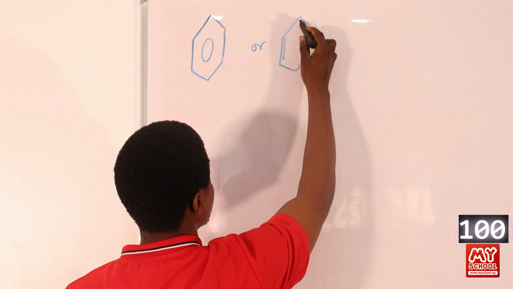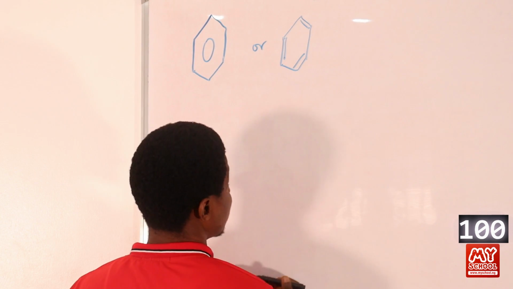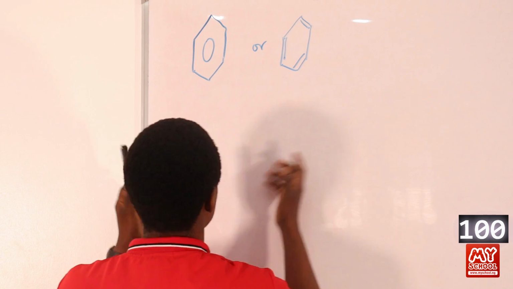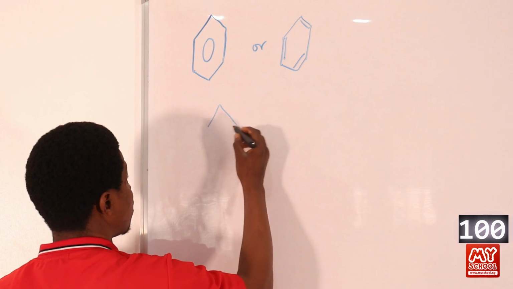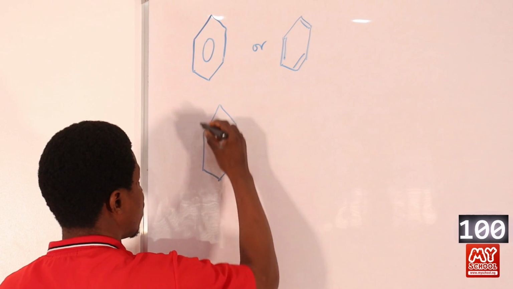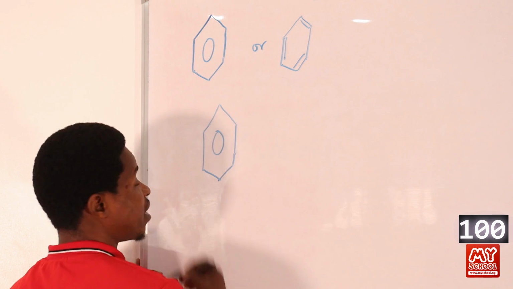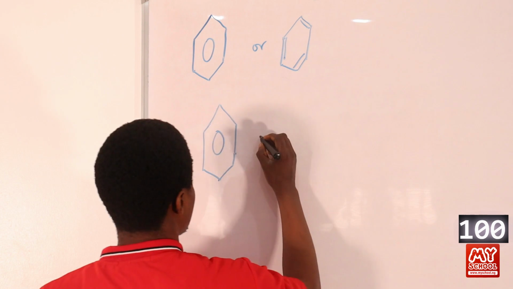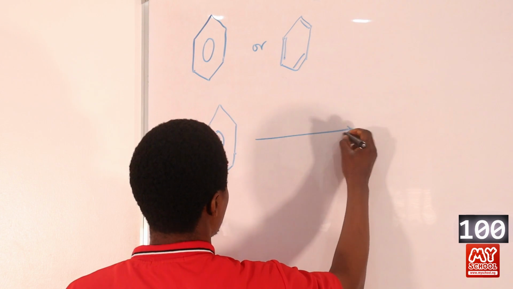Double bond, single bond, double bond, single bond, double bond. That is a benzene. So whichever one you wish to use. For the sake of this, I will just use this because of the reaction that we want to have. 6-sided, then we have a ring in it. So benzene usually we react with nitric acid.